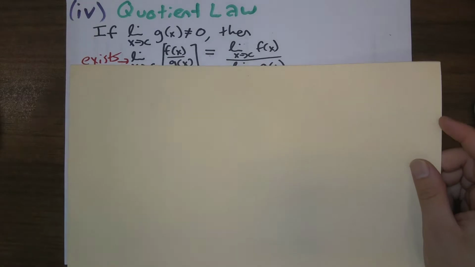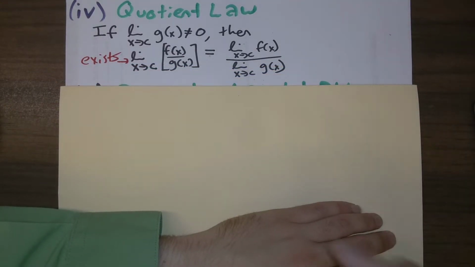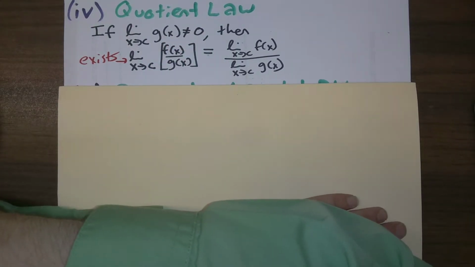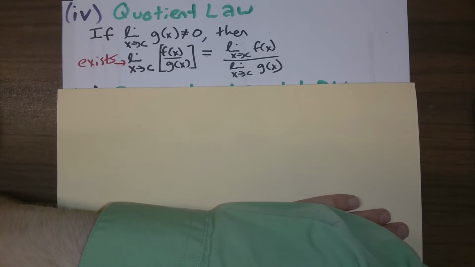And so the quotient law says that the limit of a quotient is the quotient of the limits, but realize there's one special thing we have to throw in here, which is that we don't want our denominator to be 0. So if the limit as x goes to c of g of x is not equal to 0, then we have this quotient law.